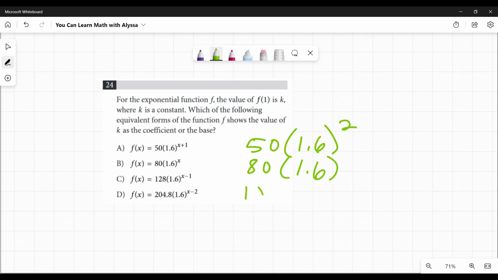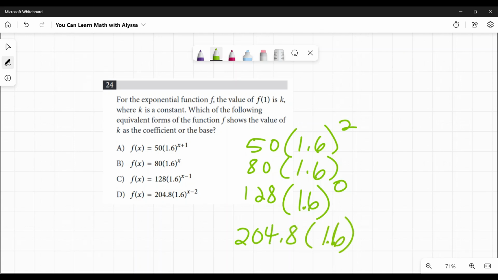For c, we would have 128 times 1.6 to the power of x minus 1, 1 minus 1, or 0. And the last one, we would get 204.8 times 1.6 to the power of x minus 2, 1 minus 2, or negative 1.